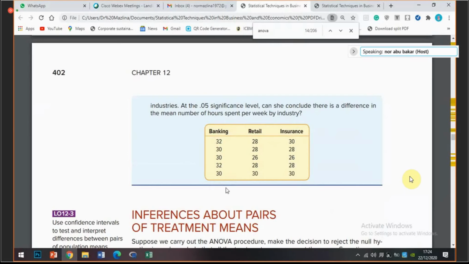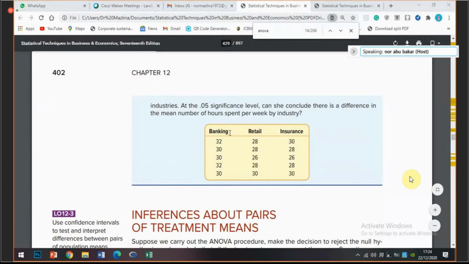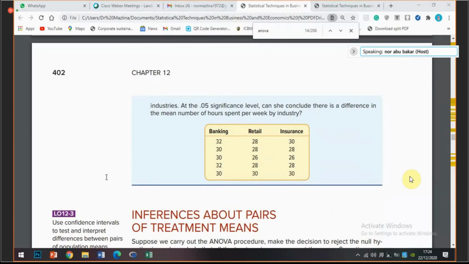But anyway, you want to know whether the value is significant at 0.05. So you need to do the ANOVA testing because it involves more than 2 industries. Okay, what did you get here? Write in the chat. You only hear a little, I can't focus because they are too noisy.